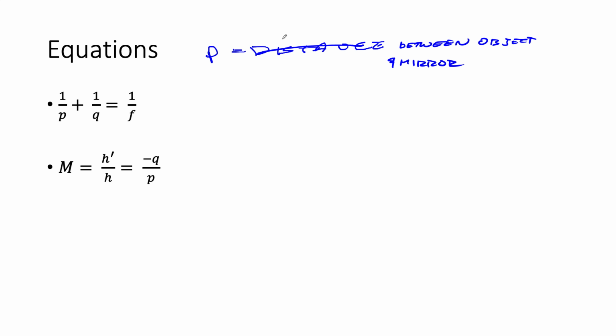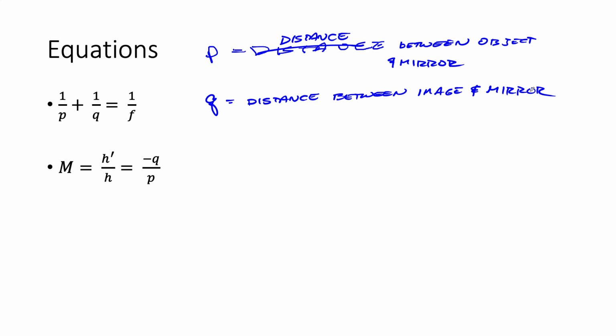Q is the distance between the mirror and the image. F is equal to the focal length.